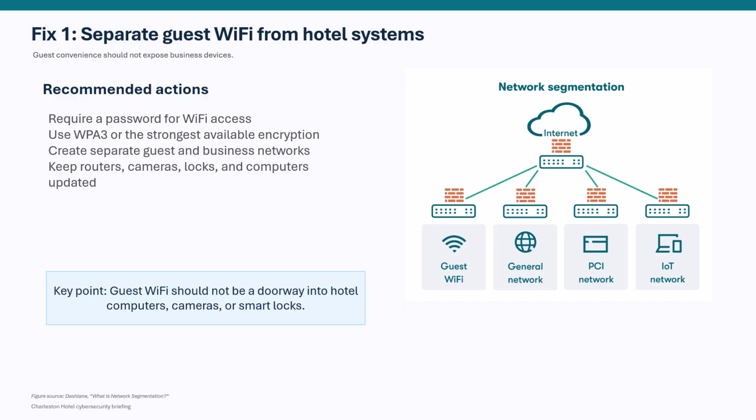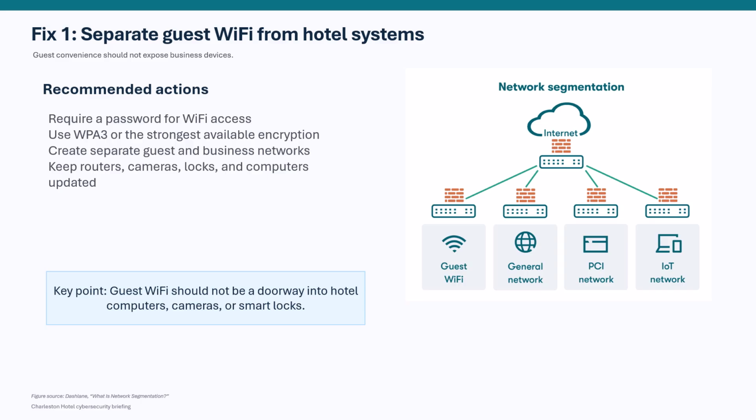So first thing is the Wi-Fi. We don't want to use the default passwords for our Wi-Fi because those are usually simple things that are actually public information, and anyone can look up what the default password is for a Wi-Fi.